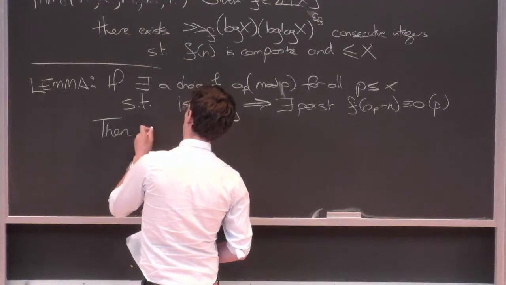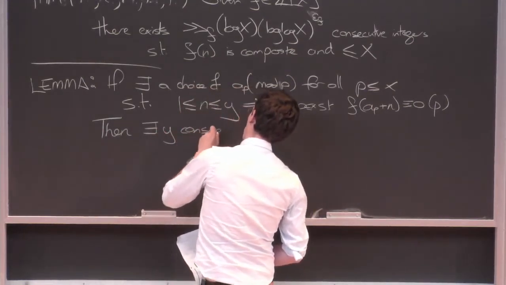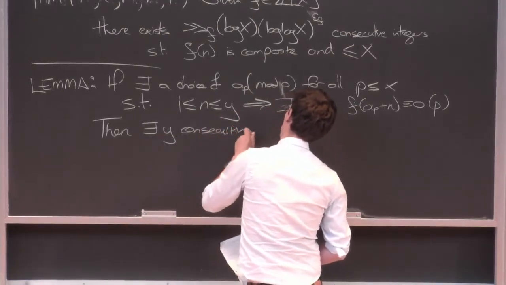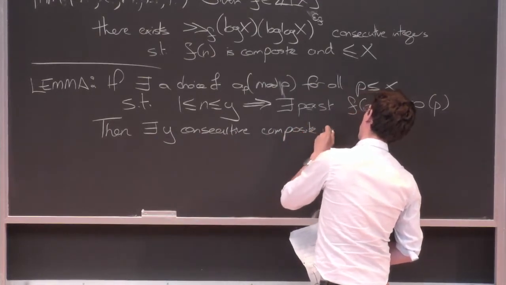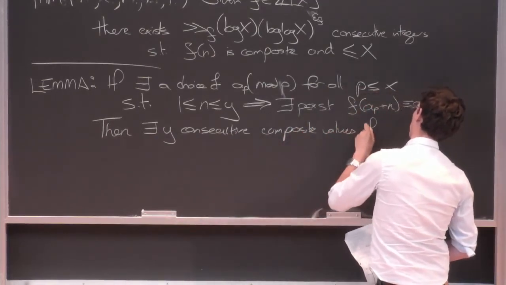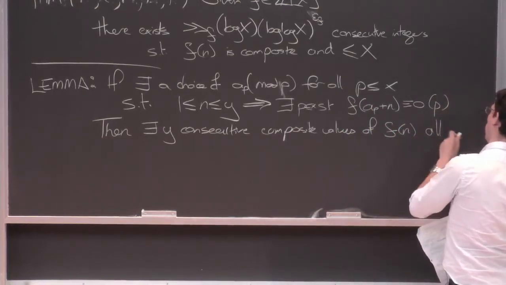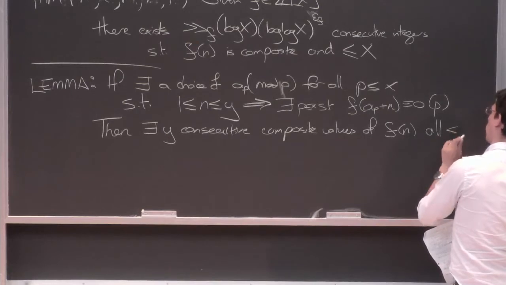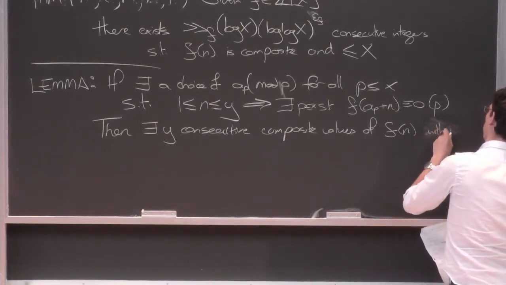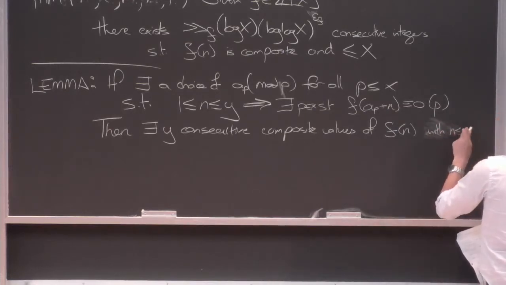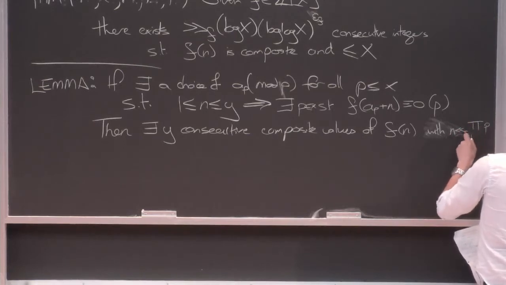then there exist y consecutive composite values of f of n, all, let's say, with n less than or equal to some constant dependent on f times the product of all primes less than or equal to x.